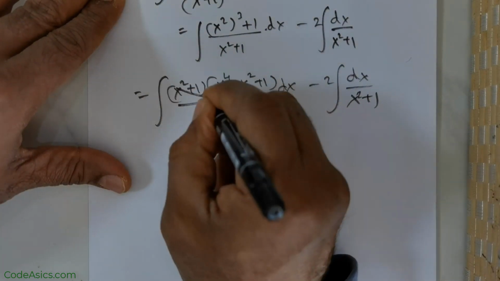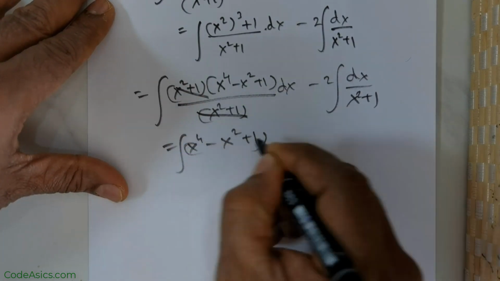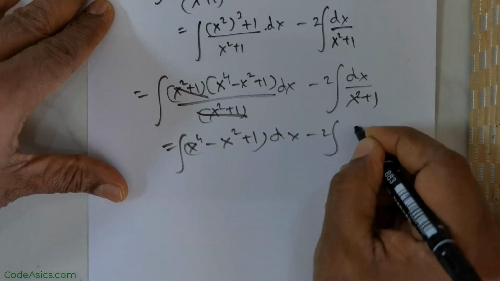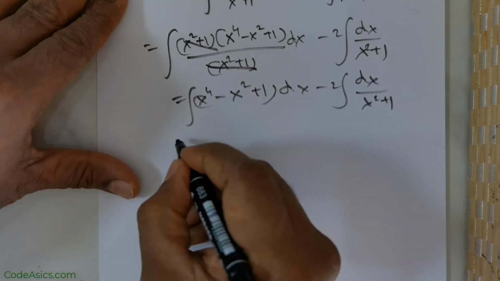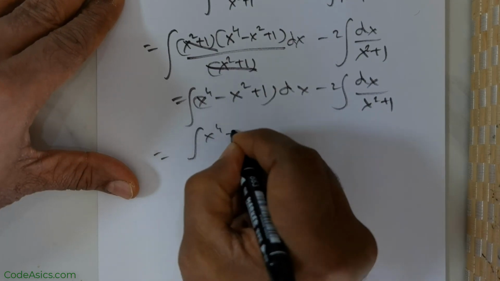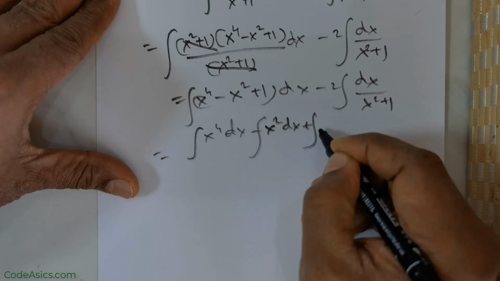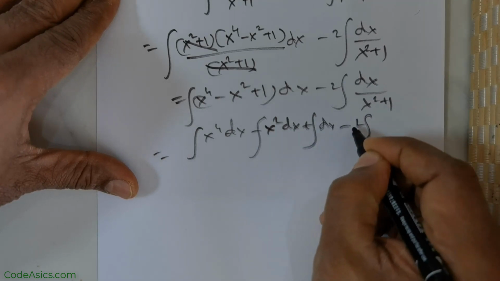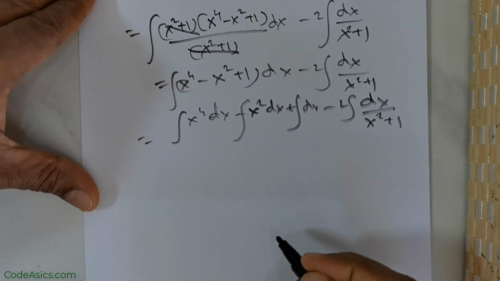So x squared plus 1 and x squared plus 1 go off, giving x to the power of 4 minus x squared plus 1 times dx, minus 2 times the integral of dx over x squared plus 1. If you were to integrate this, this is going to be x to the power of 4 times dx minus x squared times dx plus the integral of dx, minus 2 times dx over x squared plus 1.